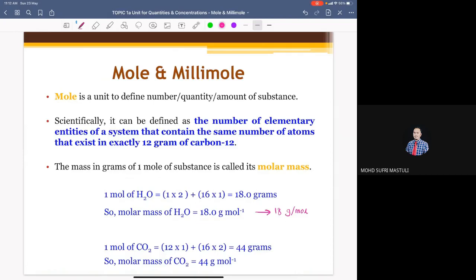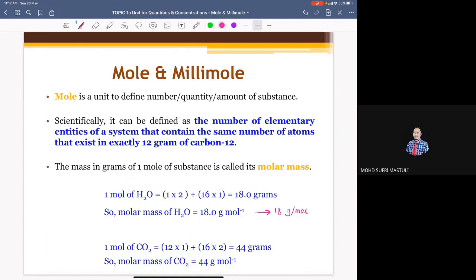As you can see from the formula, it is 1 carbon atom multiplied by 12, the atomic mass of carbon, plus 2 oxygen atoms multiplied by 16, the atomic mass of oxygen, which can be obtained from the periodic table. It gives you 44 grams. So the molar mass of CO2 is 44 grams per mole.